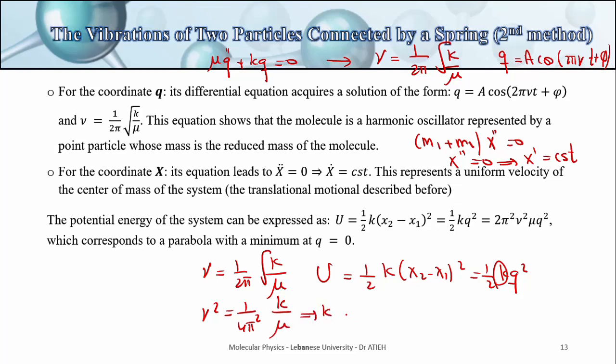So we will get k equals 4 pi squared nu squared mu. So in this case, U is equal to half 4 pi squared nu squared mu q squared. So this is the potential energy. You can see that the potential energy in the case of a harmonic oscillator is a parabola and has a minimum at q equals 0.